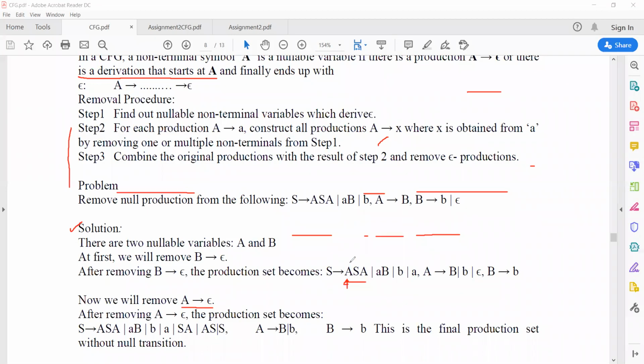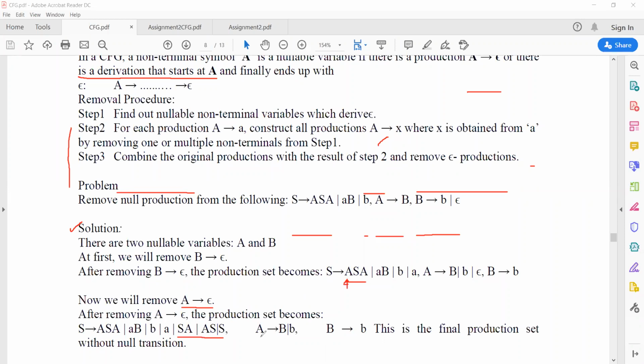Then you can put the first A as null, and you will get SA. You can put the last A as null, and you will get AS. You can put both the As as null, and you will get S. So these three are added when you remove A produces null from the production rule.